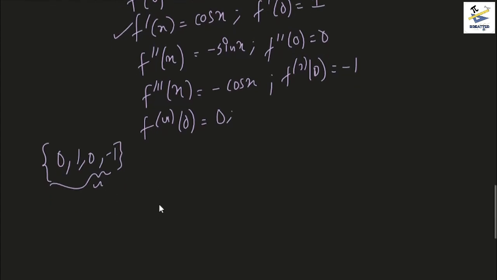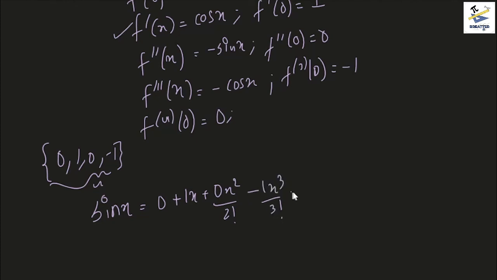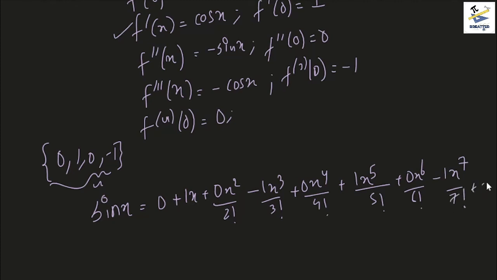So in that way we can write the Taylor series for sin x as follows. sin x would be equal to 0 plus 1x plus 0 x square by 2 factorial minus 1 x cube by 3 factorial, and then 0 x to the power 4 by 4 factorial plus 1 x to the power 5 by 5 factorial plus 0 x to the power 6 by 6 factorial minus 1 x to the power 7 by 7 factorial, and so on.